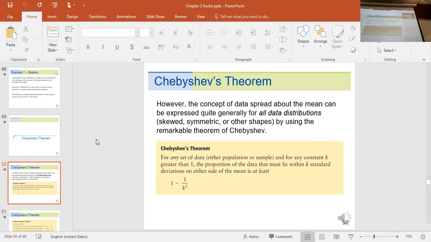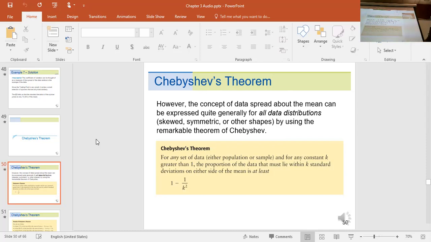So Chebyshev will tell us that at least 1 minus 1 over K squared, the minimum proportion of values that are within K standard deviations from the mean, is at least 1 minus 1 over K squared. That is what you read here.